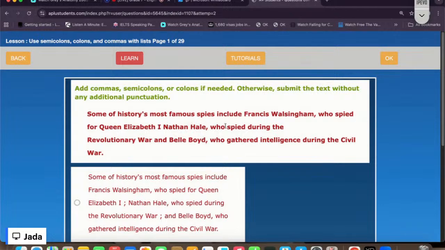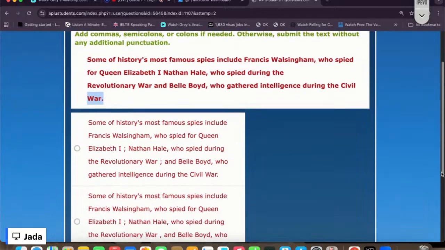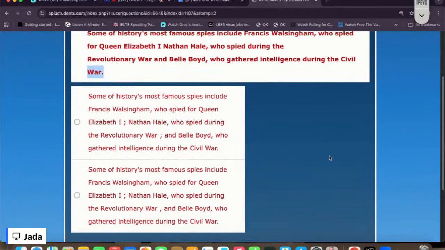Some of history's most famous spies include Francis Walsingham, who spied for Queen Elizabeth I; Nathan Hale, who spied during the Revolutionary War; and Belle Boyd, who gathered intelligence during the Civil War. So is it going to be the first or the second?